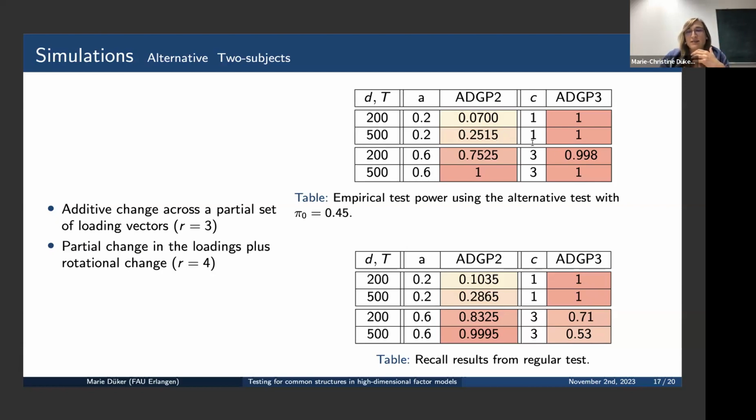And we can see here that under this change, which basically only changes 20% of the entries of our loading matrix, the alternative approach also doesn't work very well. But here we got some kind of improvement, which is quite nice, because that was the setting where we had a rotational change, but only for 3 out of 4 column vectors in the loadings. So this is just a nice alternative approach, which might be interesting to explore a little bit more in simulations.